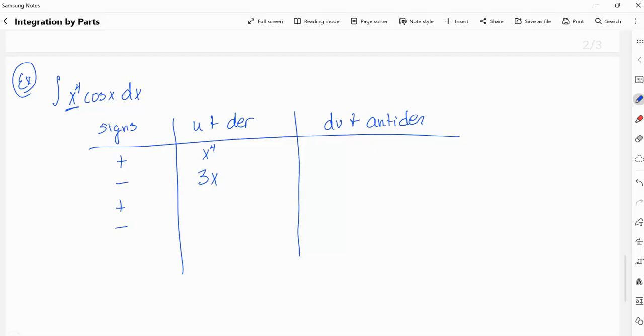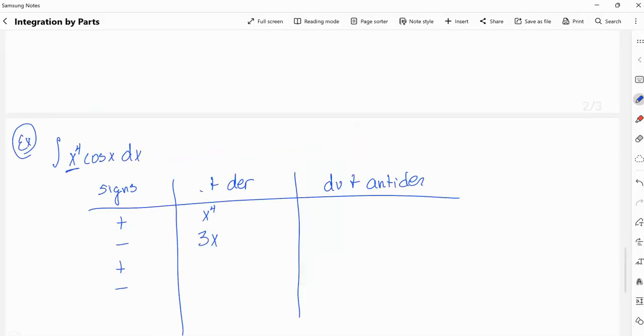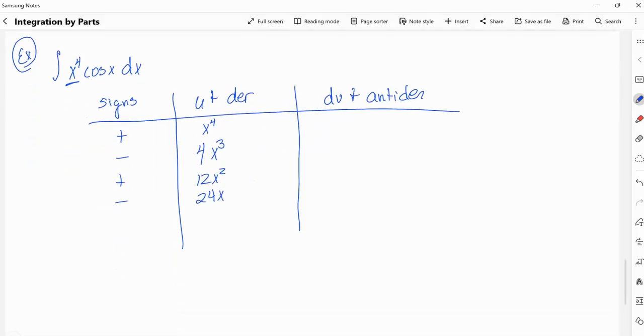So that's going to be 4x cubed, 12x squared, 24x, 24, and then 0. So we're going to need 6 rows. 1, 2, 3, 4, 5, 6 to continue the pattern.